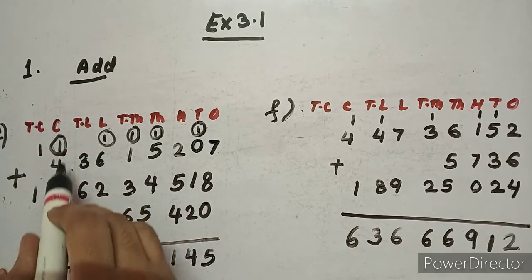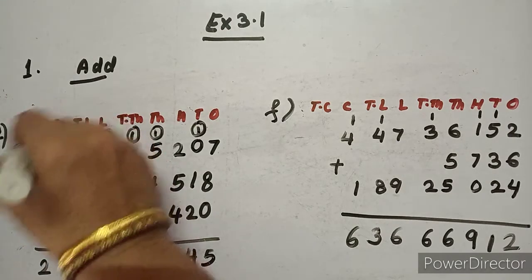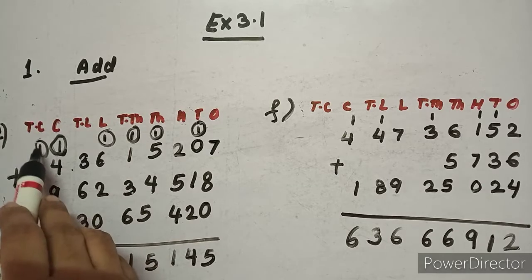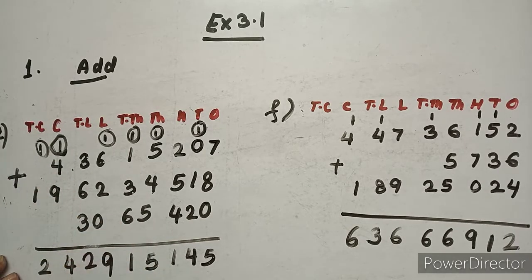So here you have 5 plus 9, 5 plus 9 is 14, 4 here and 1 is carryover, and here in 10 crore places you have 1 plus 1 as 2. Okay, so you have your number as 24 crores 29 lakhs 15,145 as your sum. Okay, now we'll go for the F1.